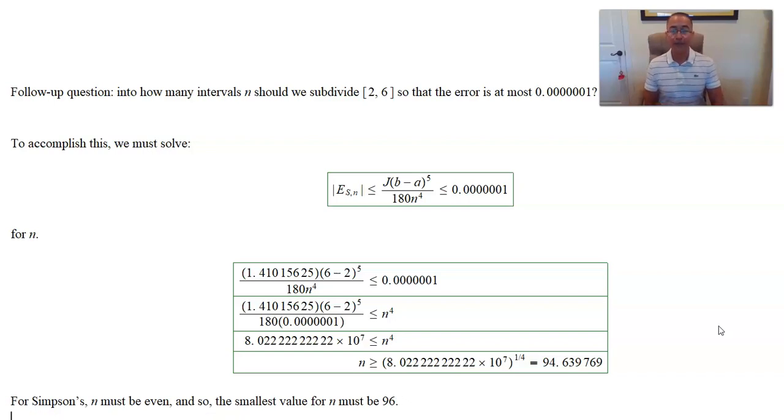It has to be an even number bigger than 94.6. 95 is not even, so it must be 96. All right, so that is how many subintervals we'll have to subdivide our domain. That's a lot smaller than 4,000 and something.